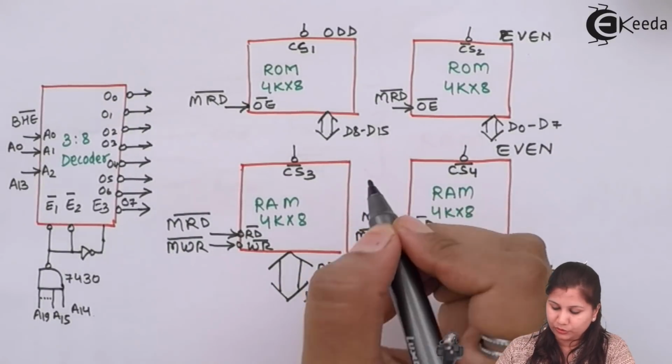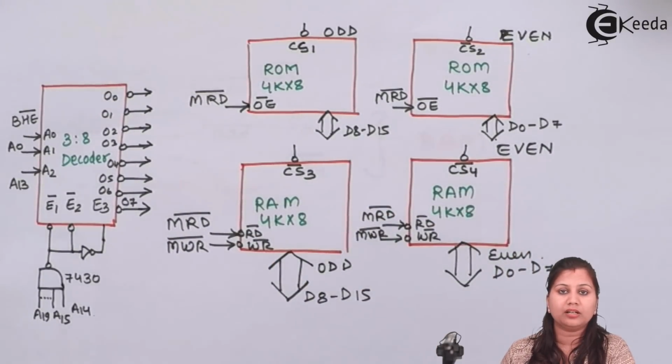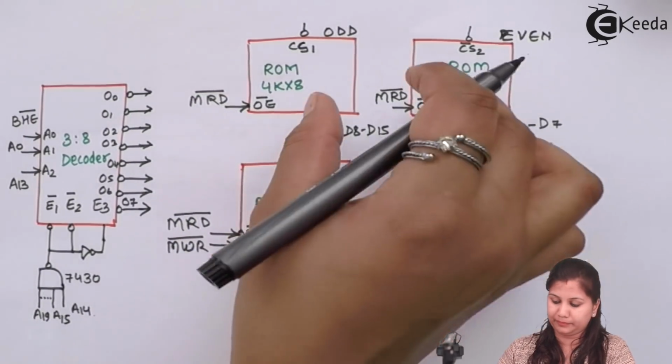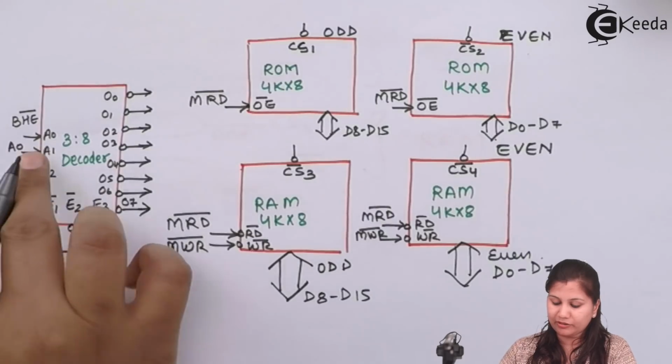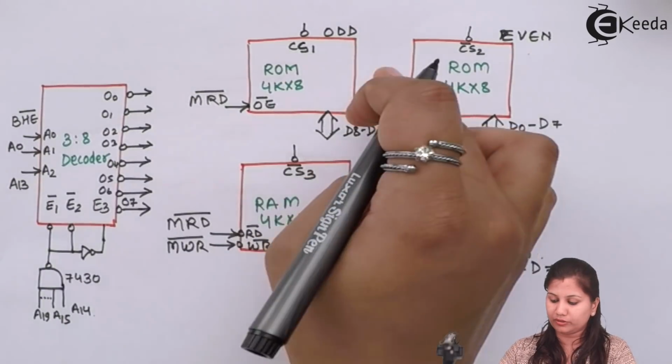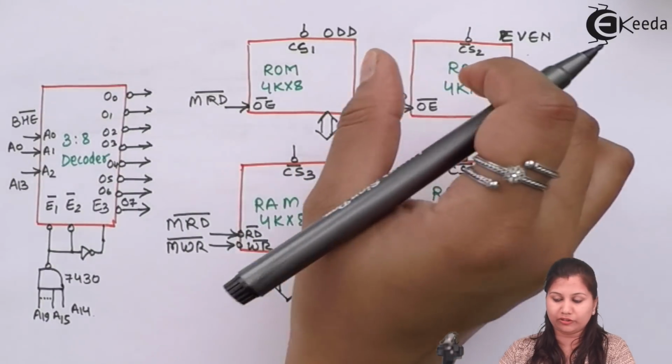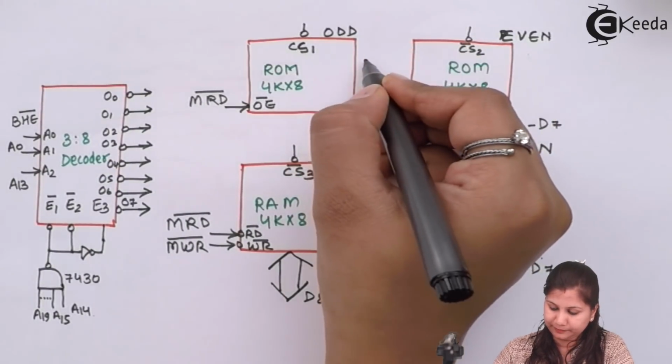Address lines are also there because we are using the 13 address lines to address these memory chips, and the remaining address lines we have used for forming the chip select signals. So here we will have the 13 address lines connected.